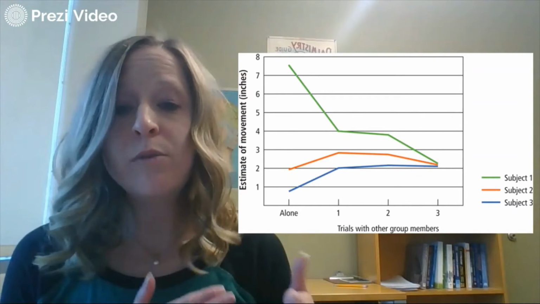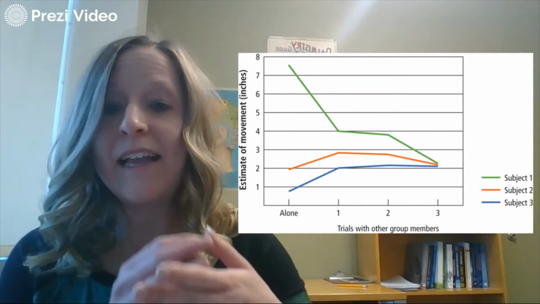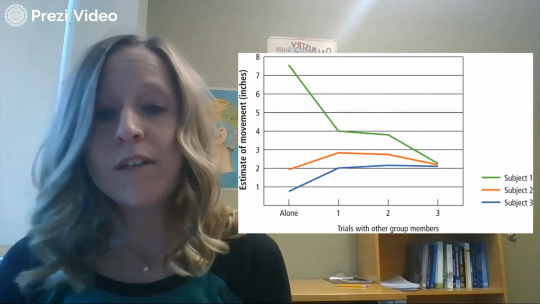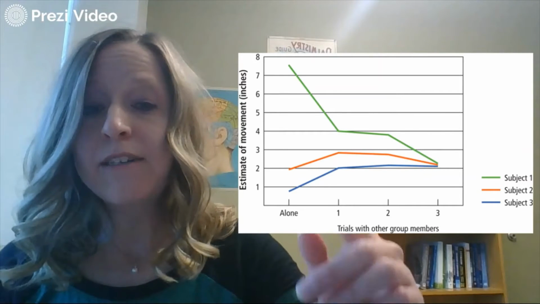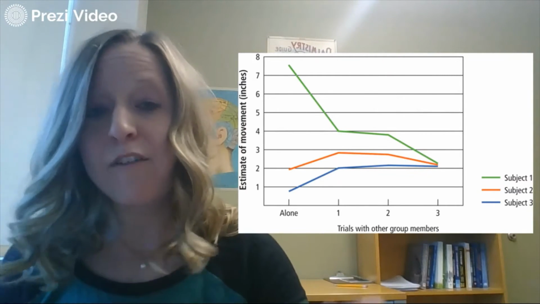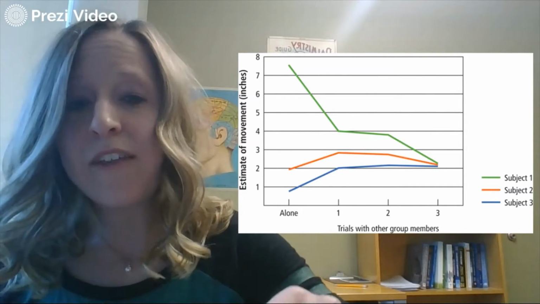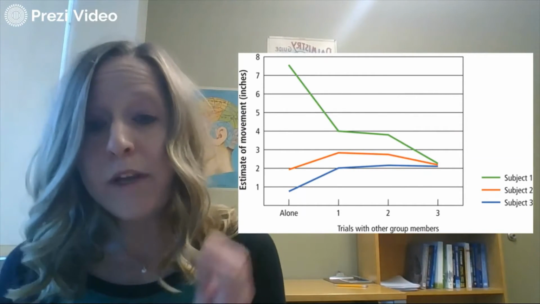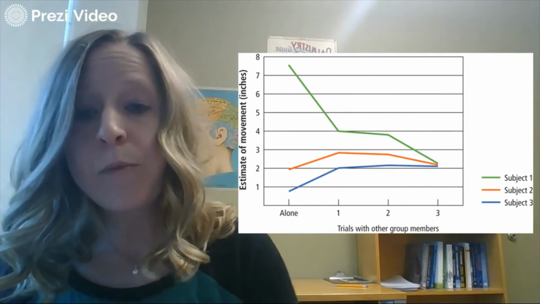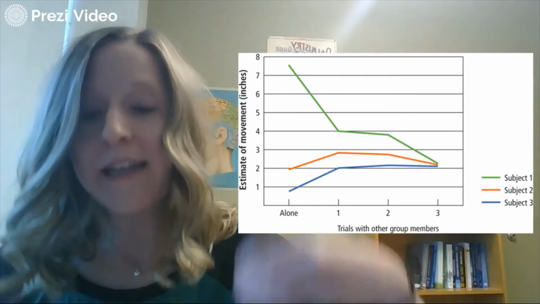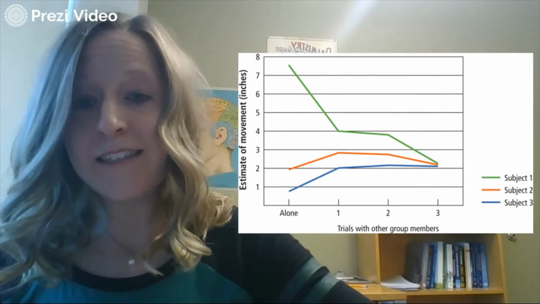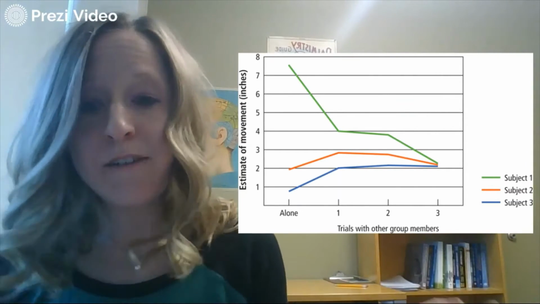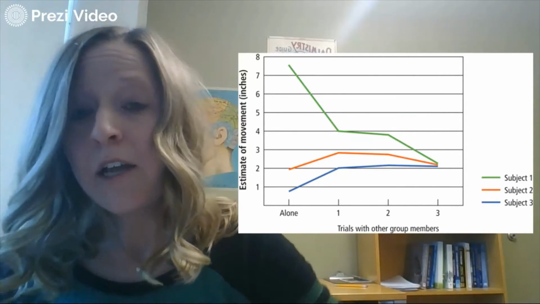And so, just as we would expect with a purely subjective estimate, there was a great deal of variability in people's estimates of movement. We see that on this left-hand part of the graph in the alone condition. When participants were in the room alone and independently generating estimates of movement of this dot of light, there's a great deal of variability in their estimates.